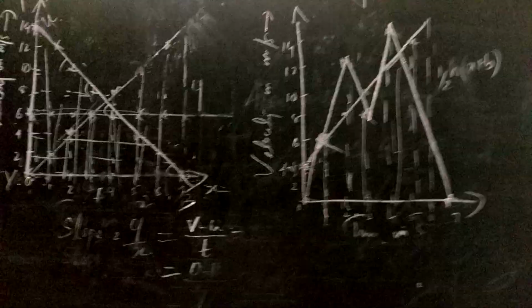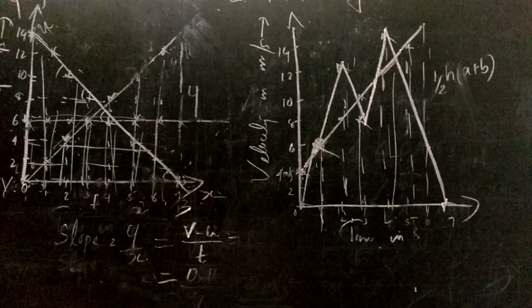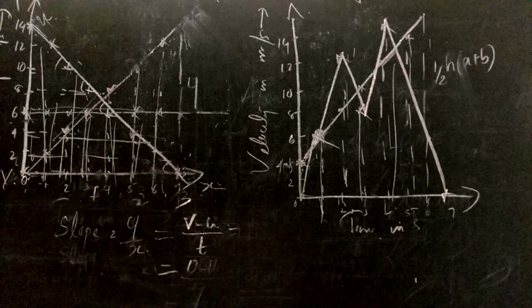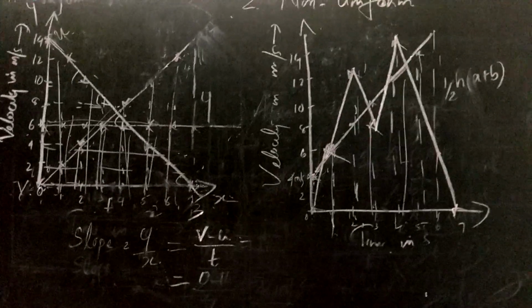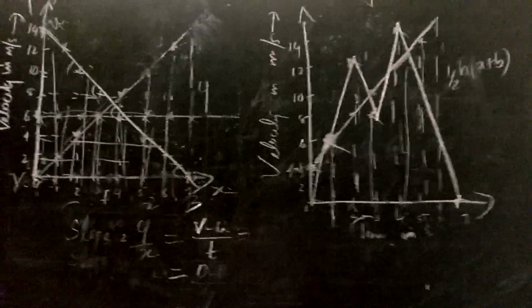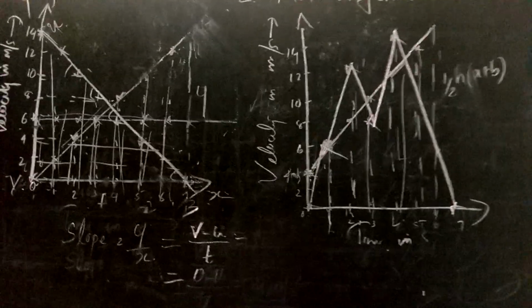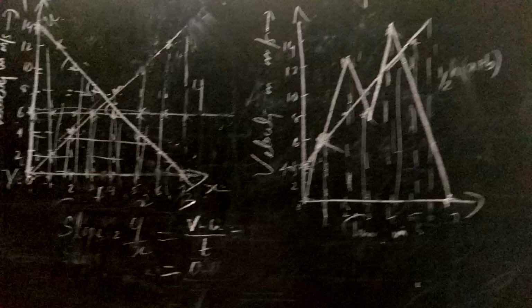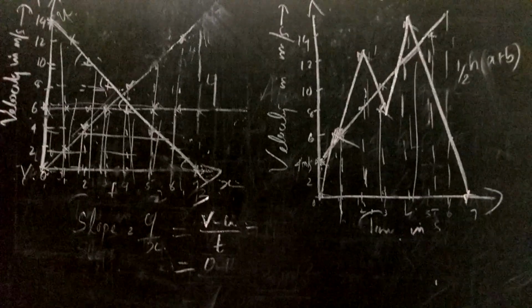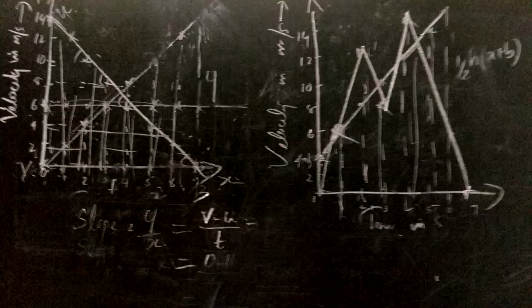Then the slope of the distance time graph gives the speed of the object. If you draw a displacement time graph, which I didn't mention earlier, you will get the velocity when you find the slope.